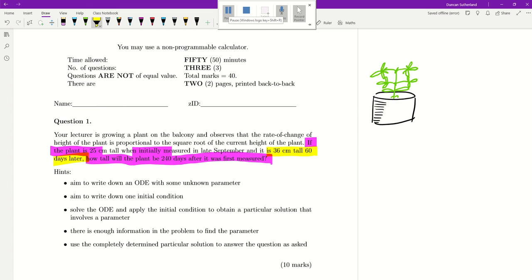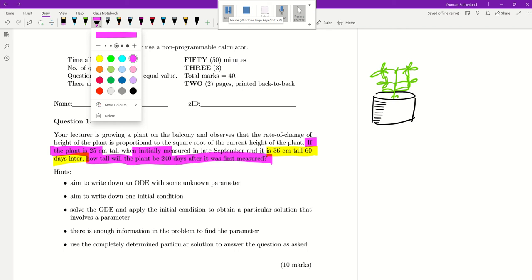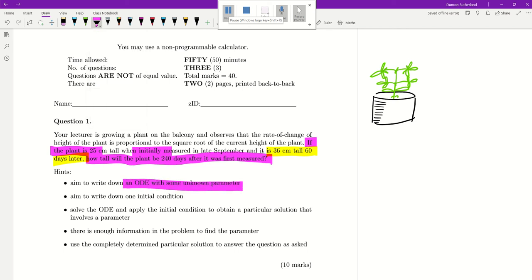Let's read the hints. It's always good to read all the information we're given. Aim to write down an ODE with some unknown parameter. So my ODE is going to feature a parameter, or some number that I don't know yet. Write down an initial condition. Yeah, I'm happy with that. I know how to do that. I can solve the initial condition to obtain a particular solution. Again, this hint mentions this parameter, right?